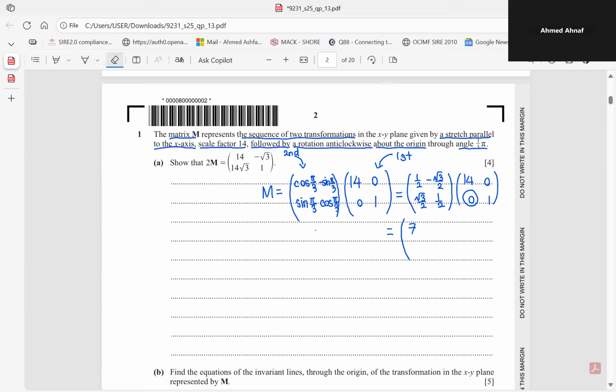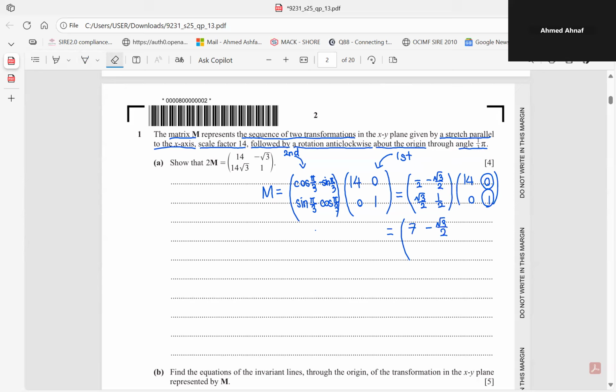Now to get the top right-hand corner element, since it's in the first row and second column, we multiply the first row of the first matrix by the second column of the second matrix. So half times 0 plus minus square root 3 over 2 times 1. This would just be minus square root 3 over 2. So this is our second element.